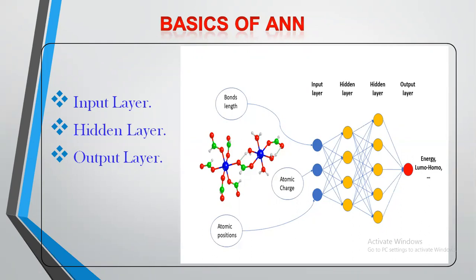The processing happens inside the hidden layer, and the last layer is the output layer. This output layer acts as the axon. Okay, this is the basic structure of the artificial neural network.